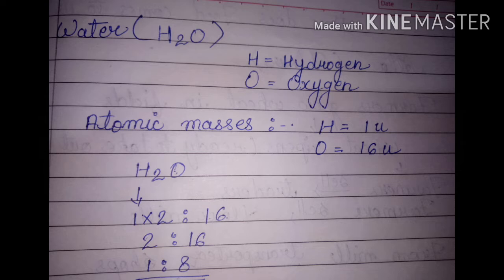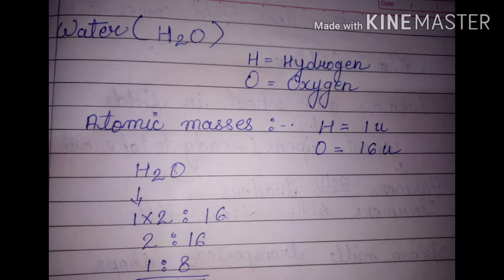The atomic mass of hydrogen is 1 U. U is the unit of mass. Oxygen's atomic mass is 16 U. The formula of water is H2O, which means hydrogen has two atoms and oxygen only one.